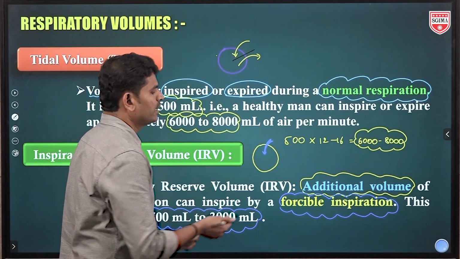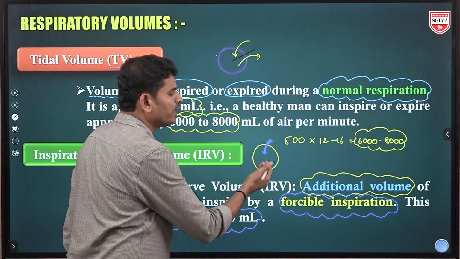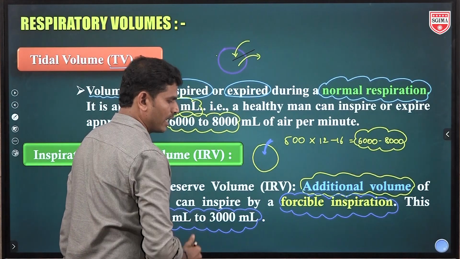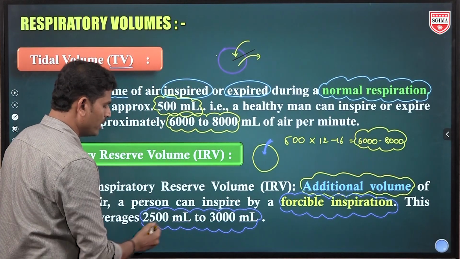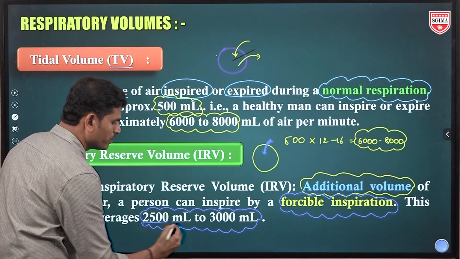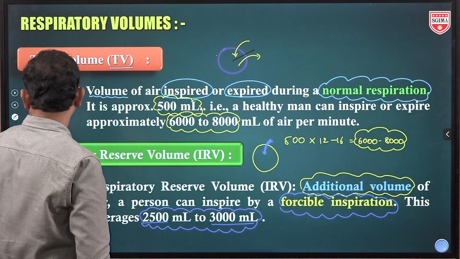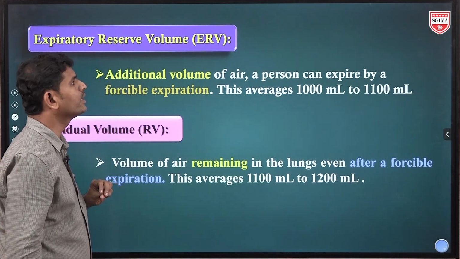This is the additional volume of air breathed in by forceful inspiration by the organism. Its value is 2500 to 3000 ml. So this is enough from this slide. Next slide. Again, two volumes will be given here.